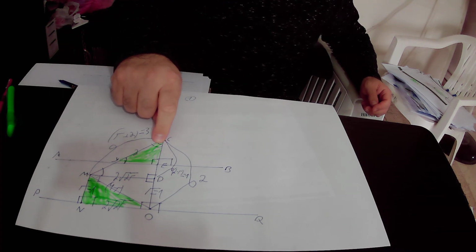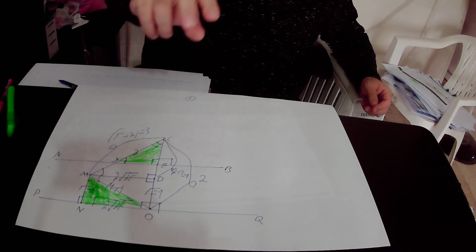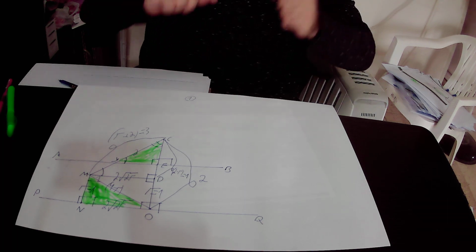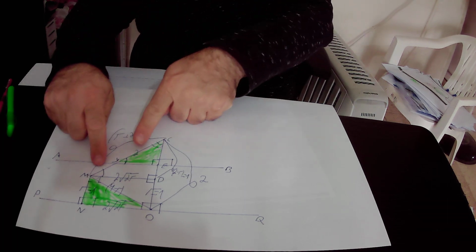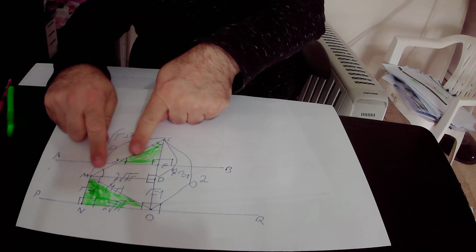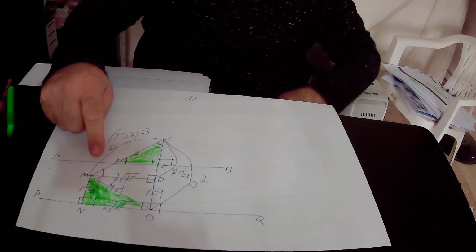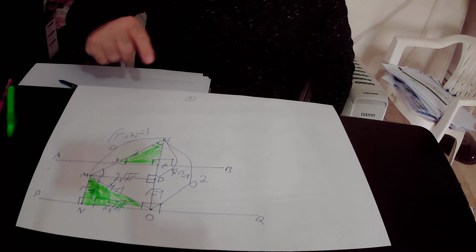And this angle equals to itself. So this is the second pair of angles that are congruent in those triangles. So we have in those two triangles two pairs of angles that are congruent. Therefore, according to third angle theorem, the third pair of angles must also be congruent, that is to say, angle CYE equals to angle CMD.